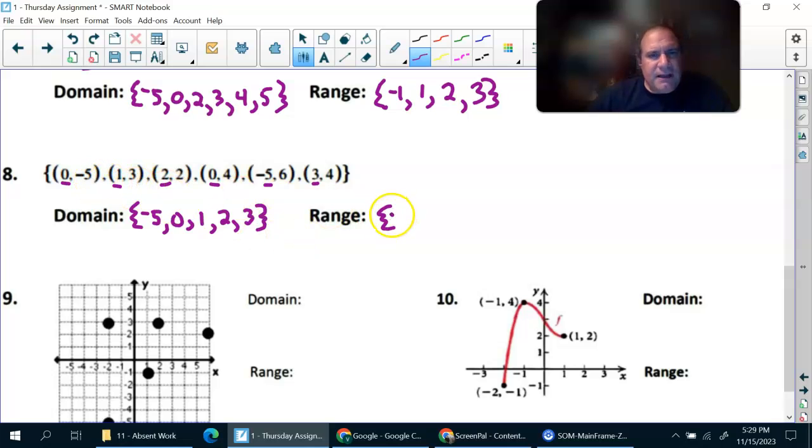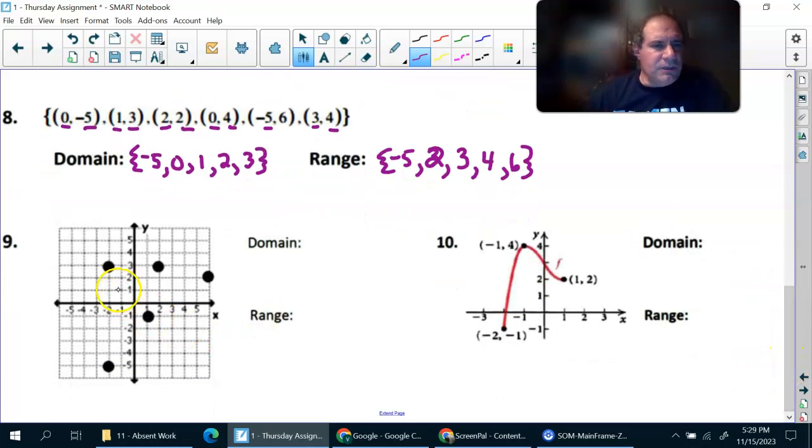Range is -5. We're going to start with that. And then we're going to go to 3. And then we're going to go to, nope, we're going to go to 2. And then we're going to go to 3. And then we're going to go to 4, which occurs twice, but we're only going to list it once, and then 6.